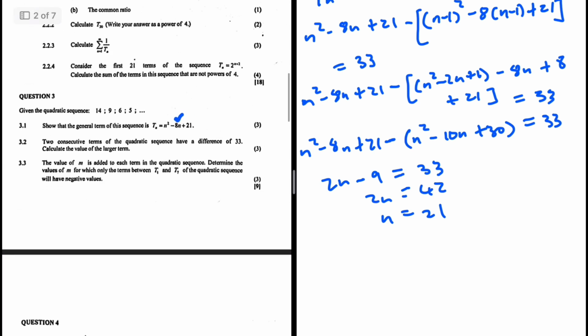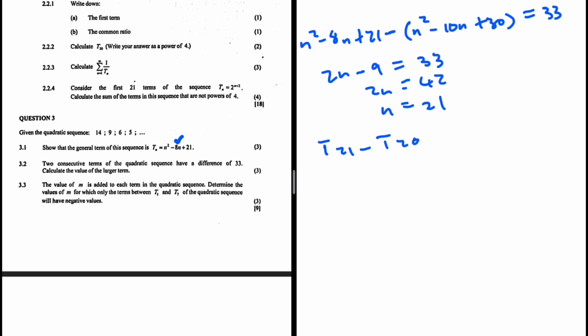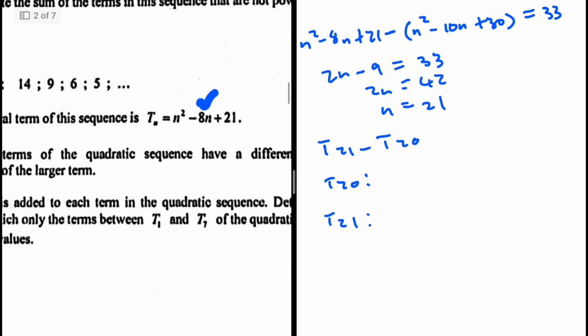So, okay. Two consecutive terms of the quadratic sequence that have a difference of 33. So we have T21 minus T20. So calculate the value of the larger term. Okay, let's just find T20 and T21 and see which term is larger. So T20 is 20 squared minus 8 multiplied by 20 plus 21.